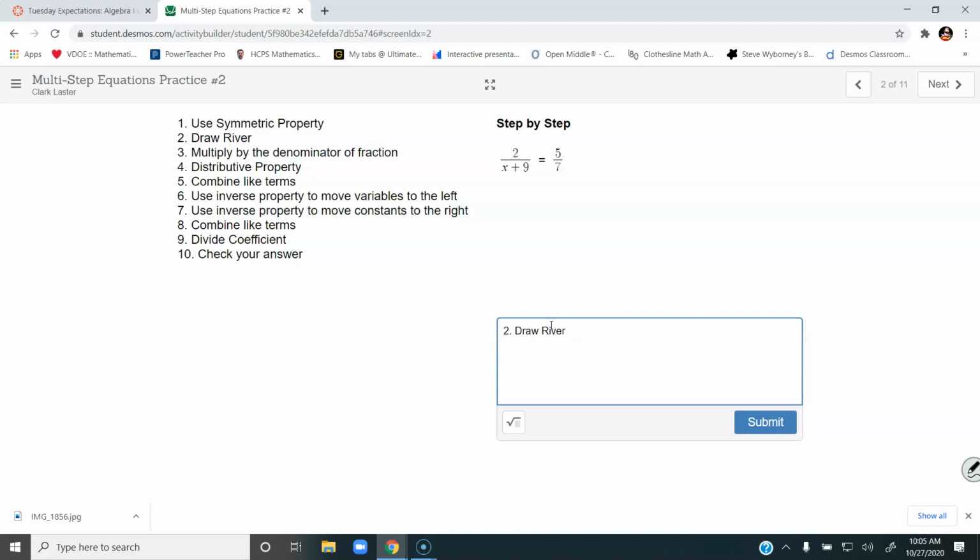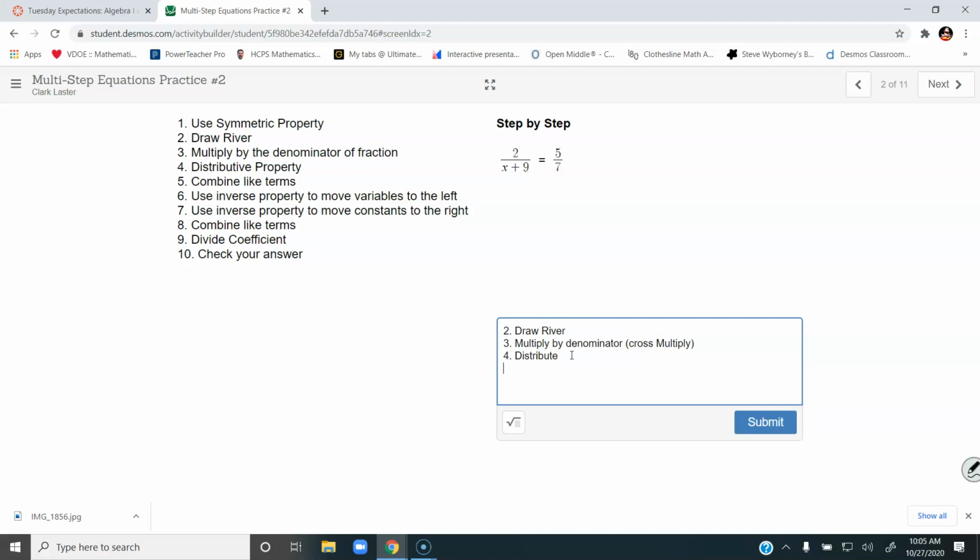Then I'm again going to have to multiply by the denominator. Then I am going to have to distribute. If you want to put up here, you cross multiply, that's fine too. I meant to say that when we were doing it. Then number 5 will be combining terms.